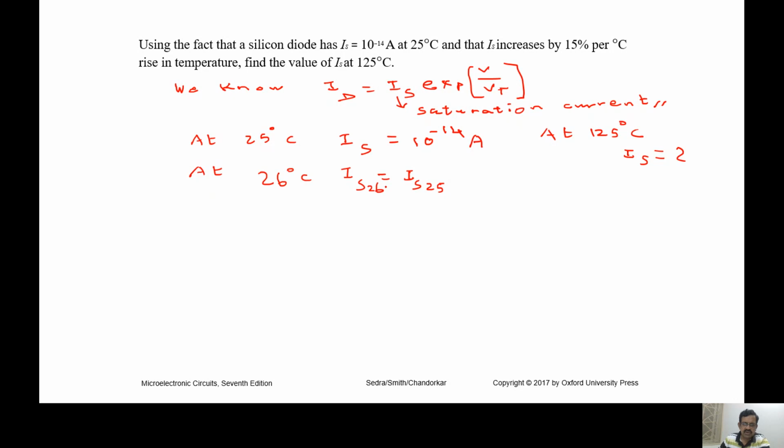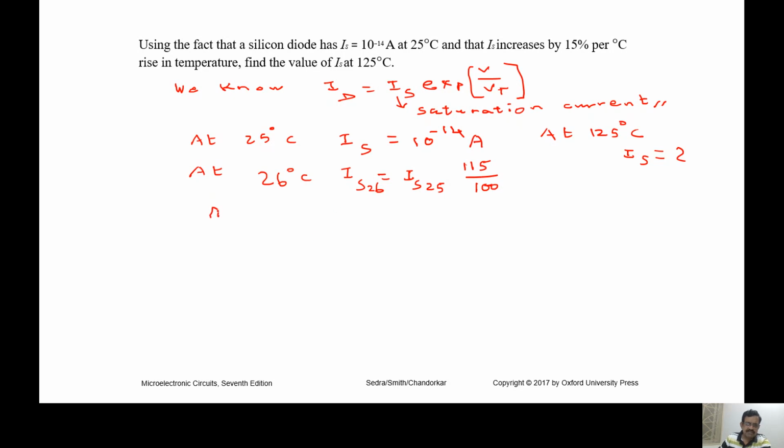Here I will write it as IS26. It goes like that because it's an increase. If it was 100 by 100, there is no increase, but if it is 15%, then you have to do this.